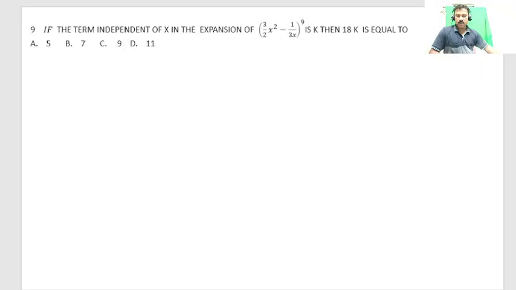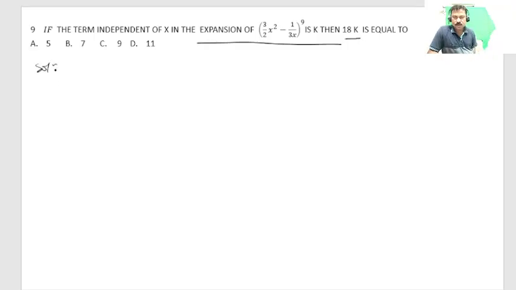Come to the next problem, that is, if the term independent of x in the expansion of this is k, the term independent of x of the given expansion is k, then we have to find the value of 18k.